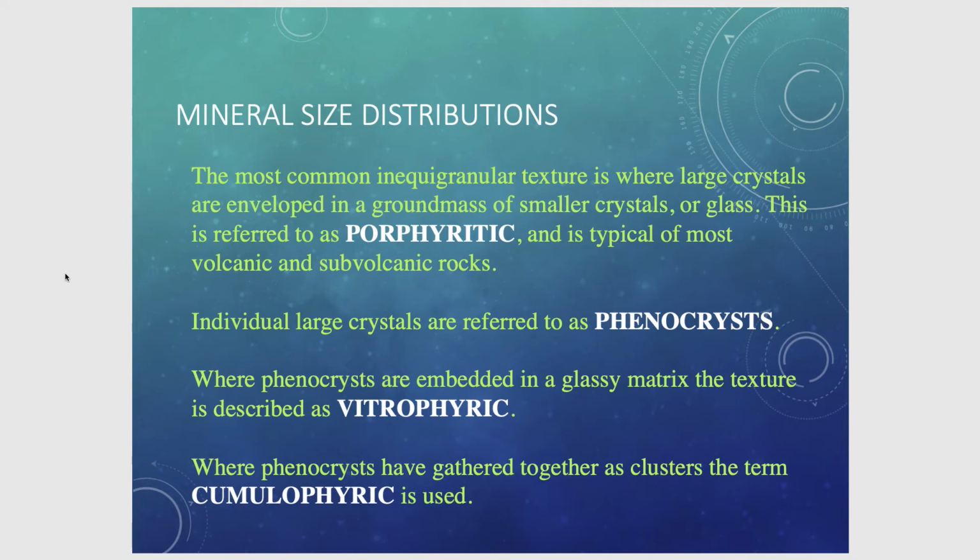And this is because, when you are in the shallow environment, you will have a lot of liberation of fluids, so hydrothermal activity is promoted, and that's why you have this linkage between porphyritic magmas and the formation of large accumulation of base metals or precious metals. So remember, when you have large crystals, these are termed phenocrysts, and then you have vitrophyric textures, where the phenocrysts are embedded in a glassy matrix.